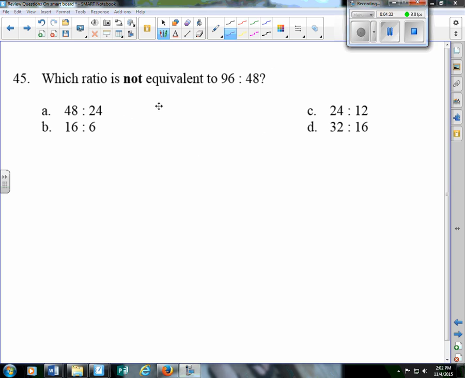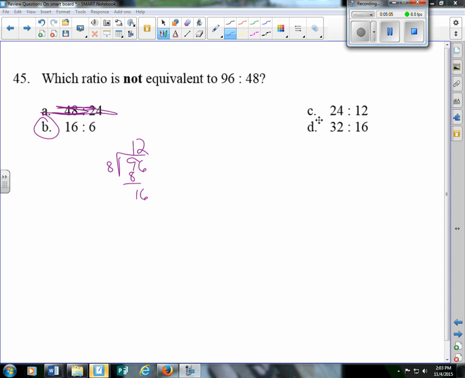Which ratio is not equivalent to 96 over 48? If we look at this, 96 divided by 2 is 48, 48 divided by 2 is 24. That one works. Next, 48 divided by 8 is 6, and 96 divided by 8 is 12.